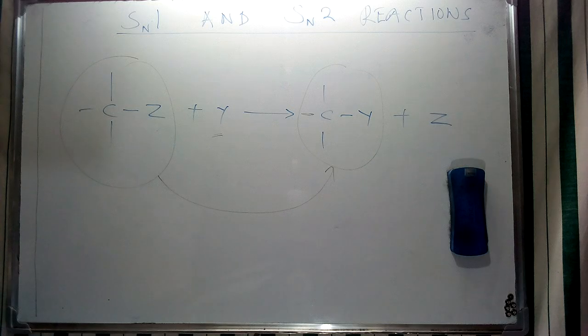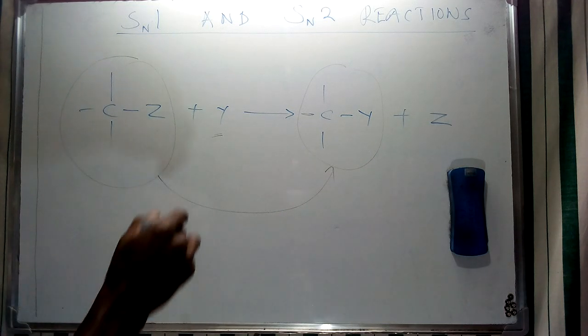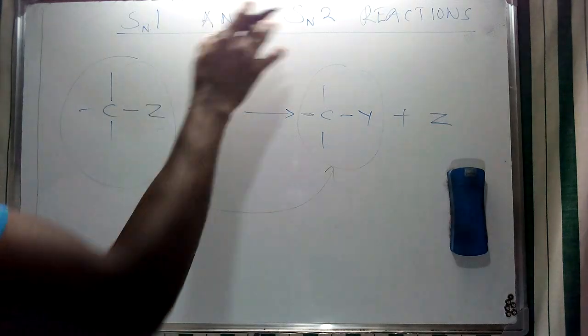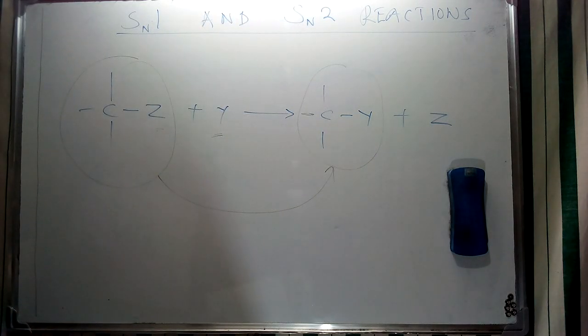So in a substitution process, the nucleophile replaces this specific atom on the carbon, and this can be classified under two categories, SN1 and SN2 reactions respectively.